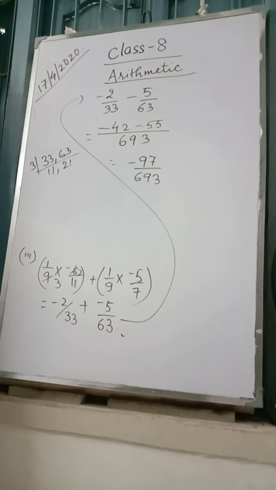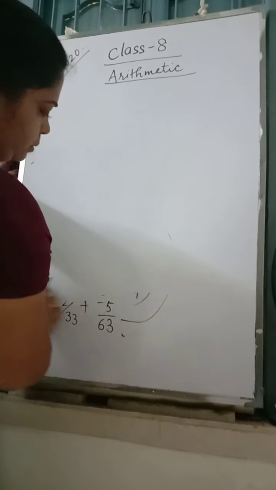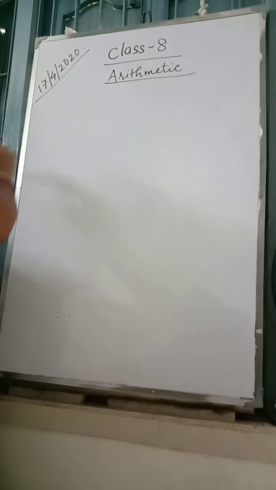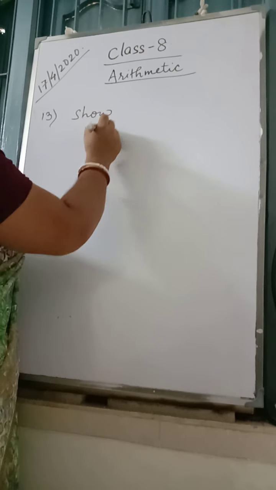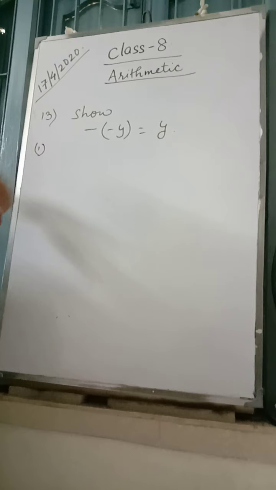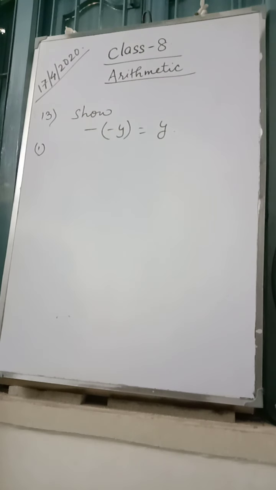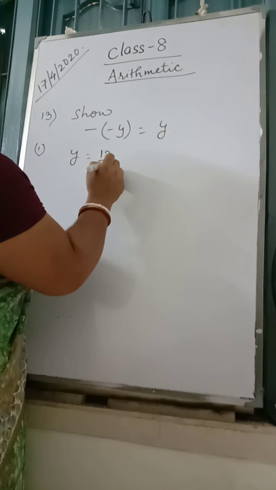Now question number 13 says verify minus of minus y is the same as y for y equal to 12 by 21.